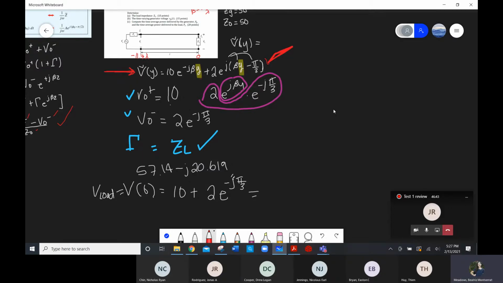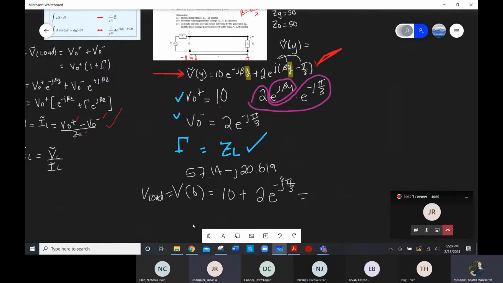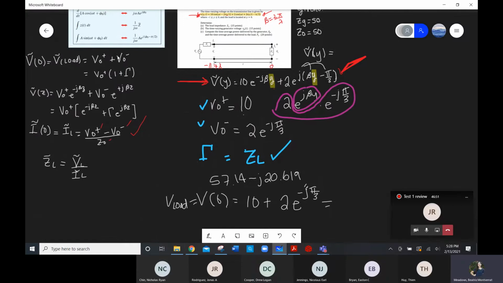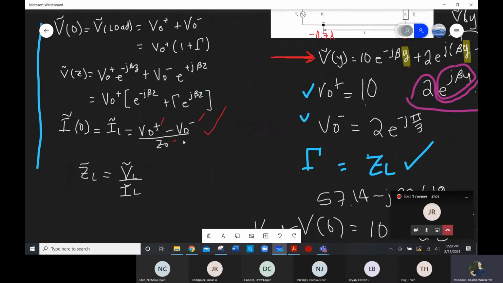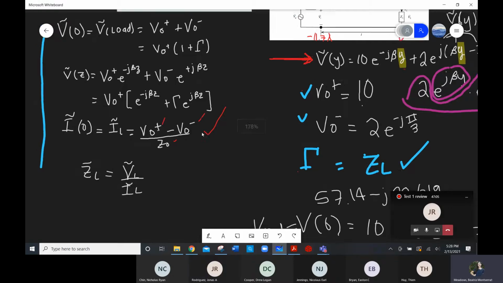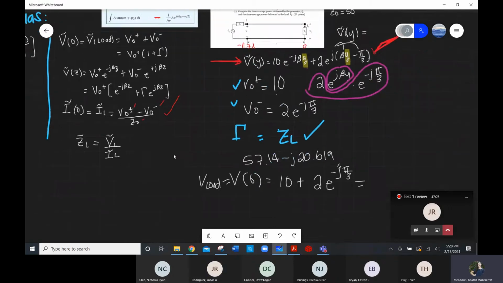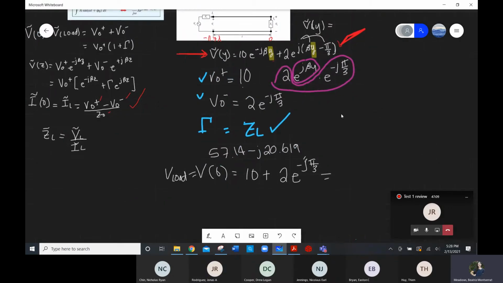So if we solve for the voltage at the load, we're going to get a number, and we can also find V naught plus and V naught minus, which we already did. That can help us find I at the load, because it's simply V naught plus minus V naught minus over Z naught, which we know. So finding ZL is easy peasy. Any questions on how to find ZL?